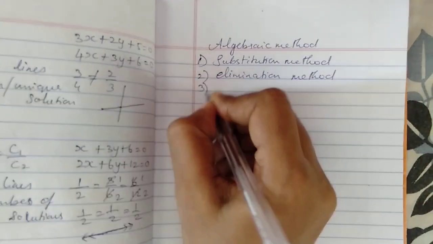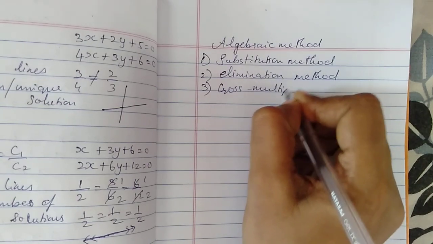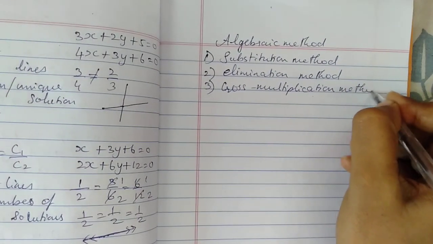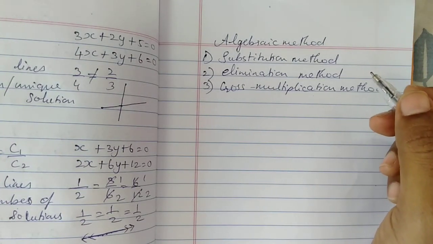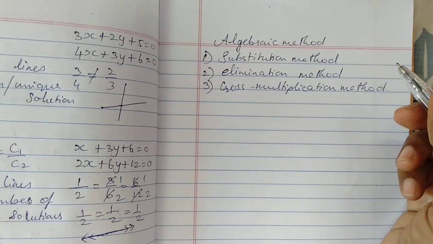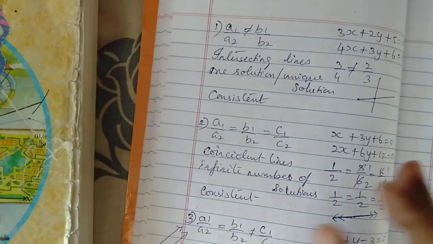And the third one is cross multiplication method. We will look into this in a detailed manner once we go to the relevant exercise. So for now, this is the introduction part.